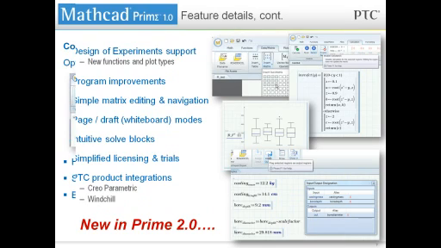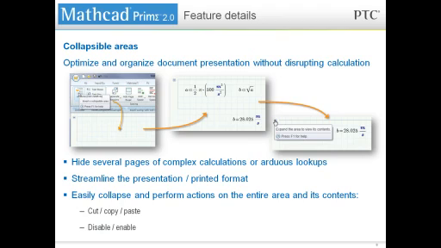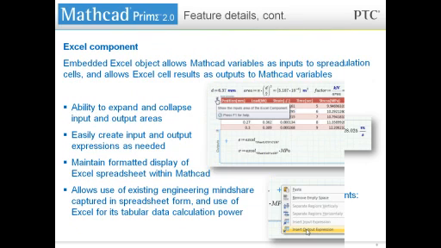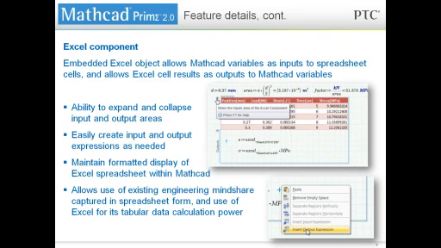Okay, so Prime 2.0, we have collapsible areas. So we can put areas into our documents to expand and collapse content inside of them. We have an Excel component. That is something that we had in traditional Mathcad, but it actually didn't make it into Prime 1.0.